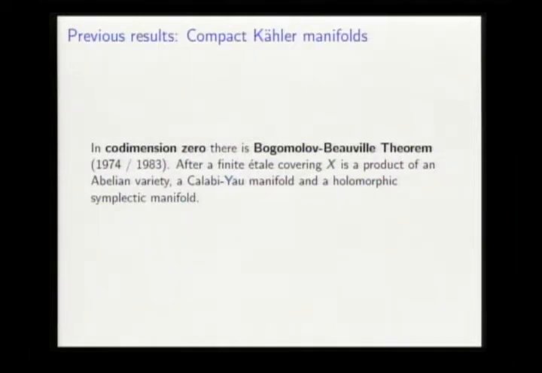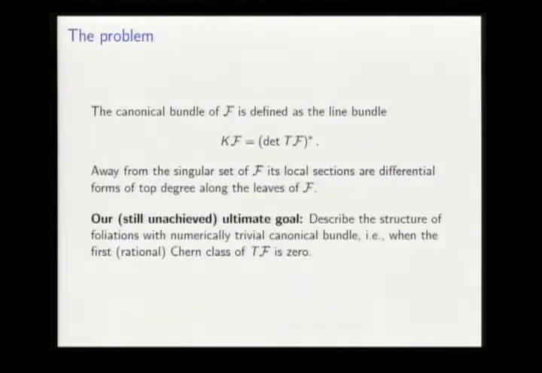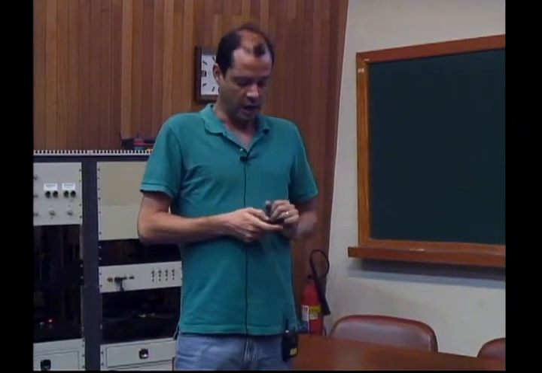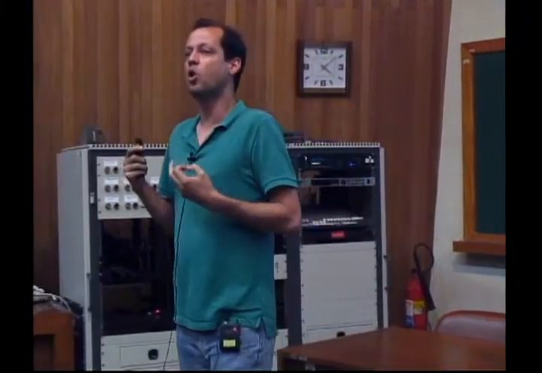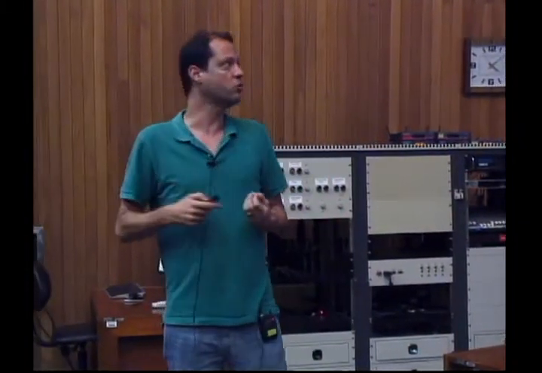So why do I care about this? Before I recall the result, let me just say that the general philosophy of Mori theory says that these pieces are the prototype of one of the basic pieces of a variety. If you want to believe in the abundance conjecture in any dimension, if you want to believe in Mori theory, then these varieties with Kodaira dimension 0 are somehow one of the building blocks of any arbitrary variety.